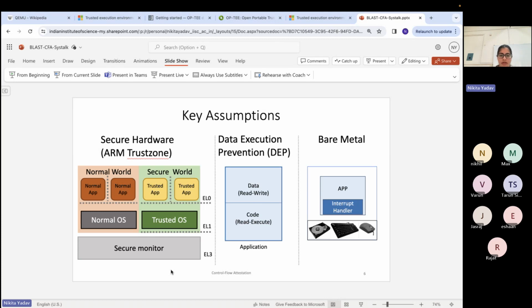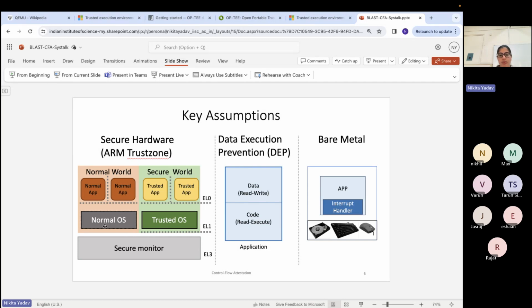And it's also reversed here, because in ARM, EL0 is the most unprivileged layer, EL3 is the most privileged layer. So your secure monitor is going to run in the most privileged layer, execution level 3.